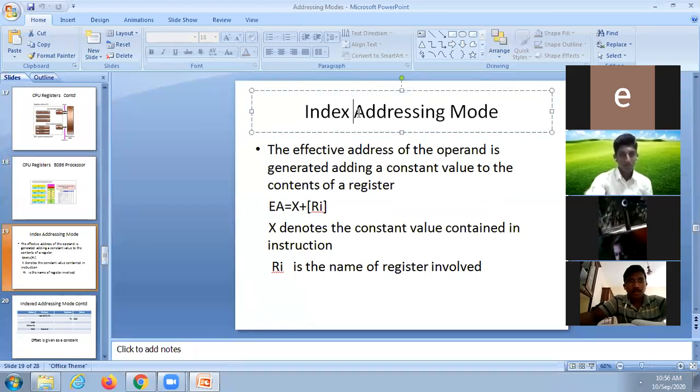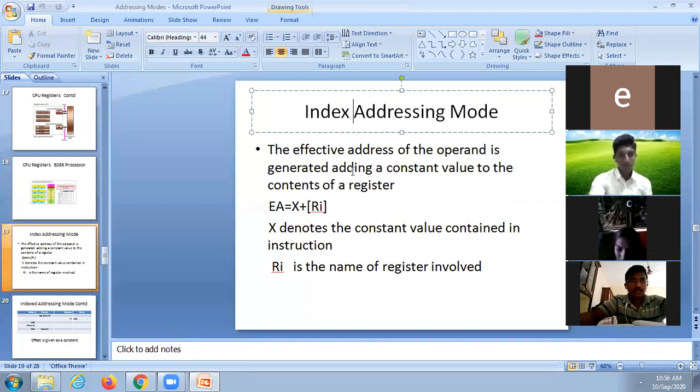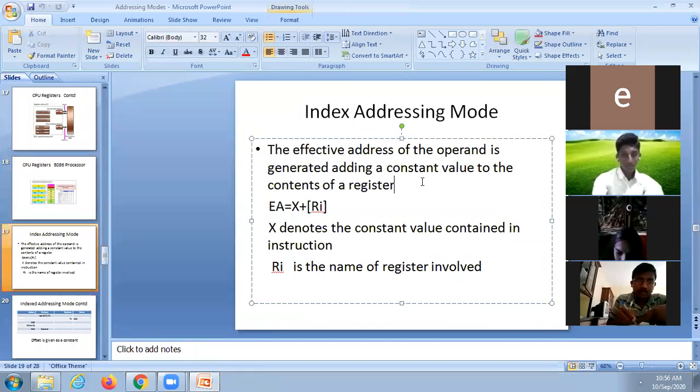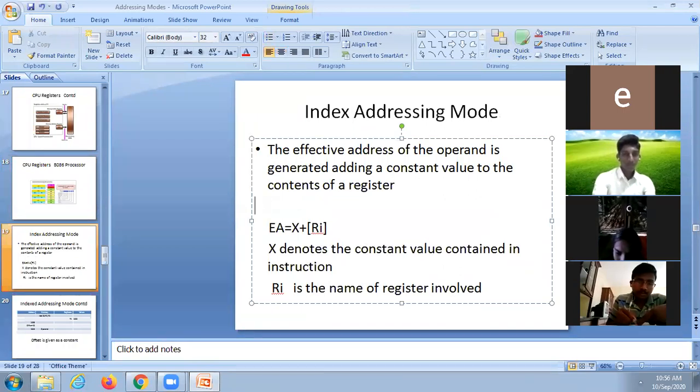Here in the index addressing mode, as I told, it is represented as X of Ri, where X is the displacement and Ri is the index register.